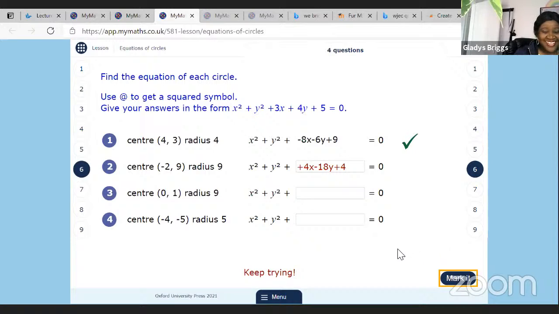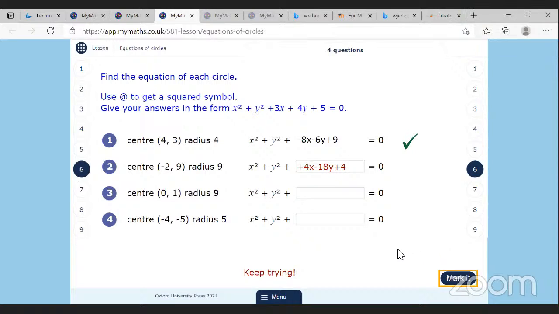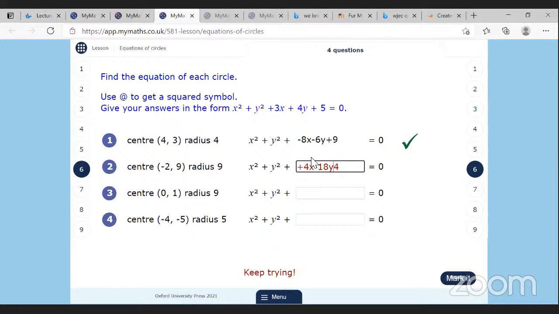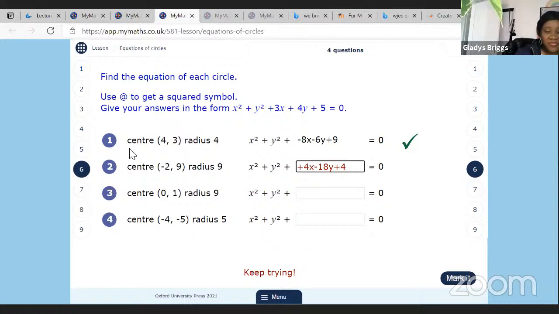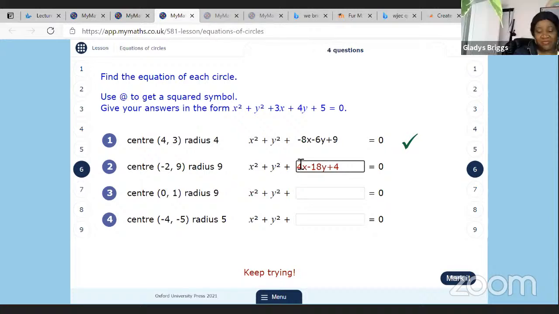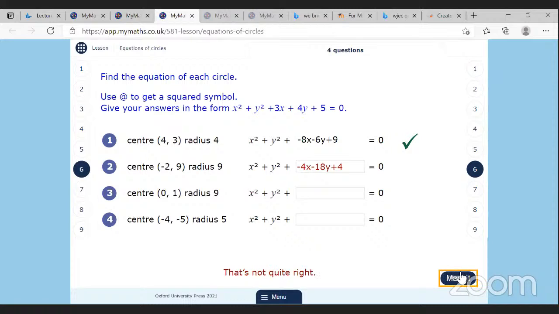Remove the sign from the 4x. Minus 4, okay. Plus 4, okay. But then 4x, remove the sign. Okay, it's correct. Let's check. No, don't write anything with 4x.